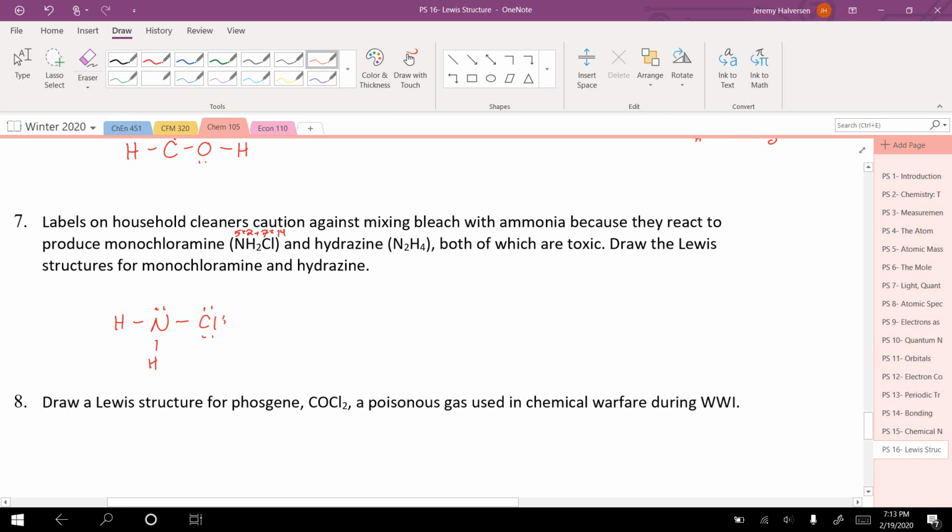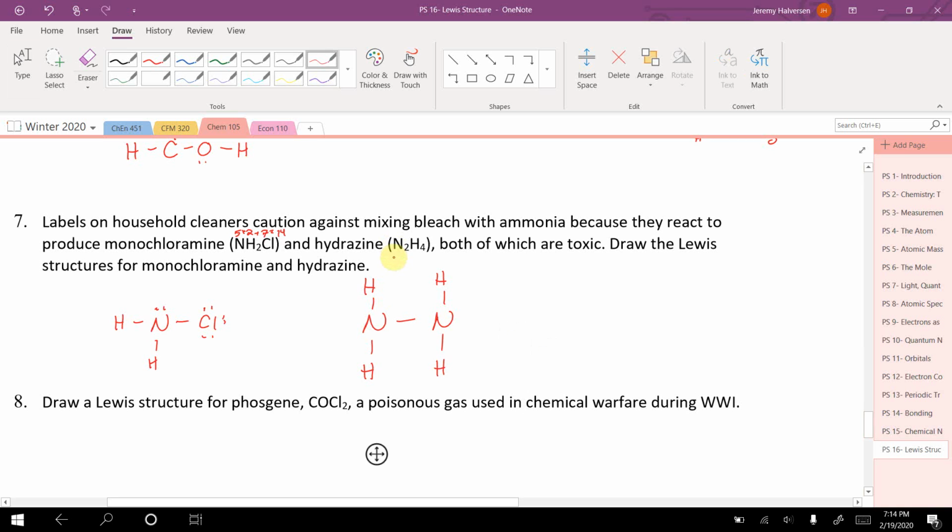Hydrazine. Hydrazine, N2H4, actually ends up having 2 central atoms. And then I get my hydrogens coming off. Again, whether or not you can come up with that on your own at this point, it's hard to say, but you do gain an intuition for these things over time.